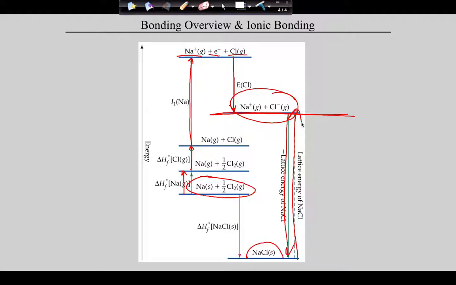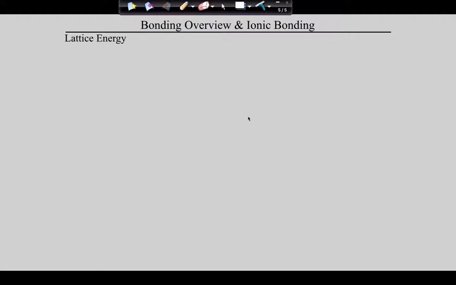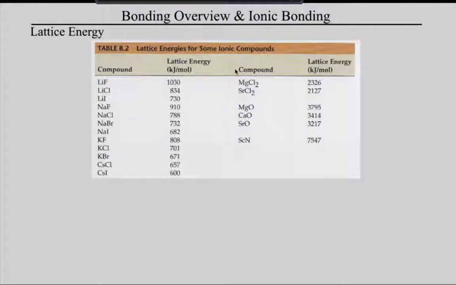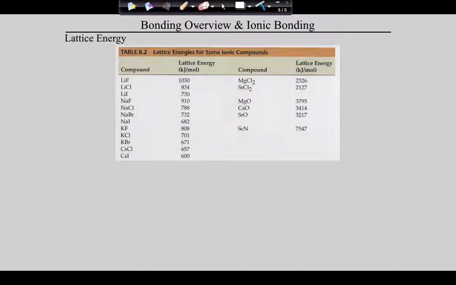read this with me. Look at the table. And guys, the thing that you've got to know for the AP test is what is the magnitude of lattice energy dependent upon? What is the magnitude of lattice energy? And it's 2 things. Guys, my table looks like this, different colors, same information.